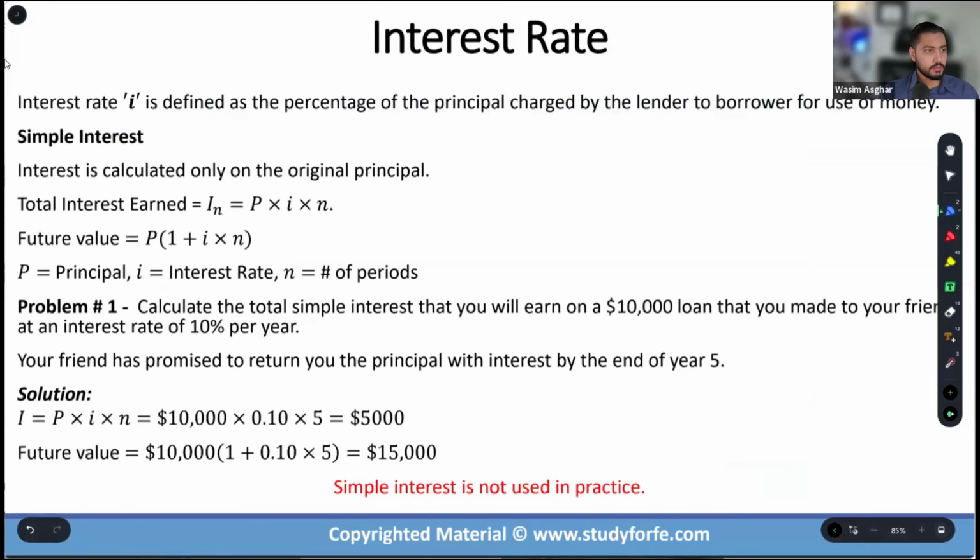It is very simple, but it's no longer used. It's not used for any calculations as far as your taxation, bonds, loans, credits and mortgages are concerned. But it is a starting point, and it will help us understand what the compound interest rate is.